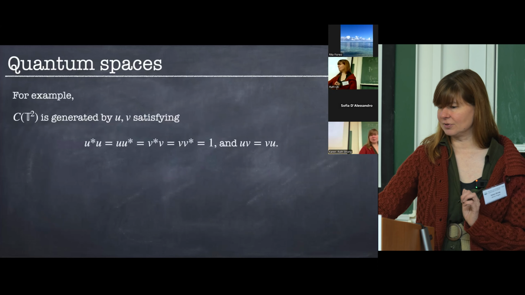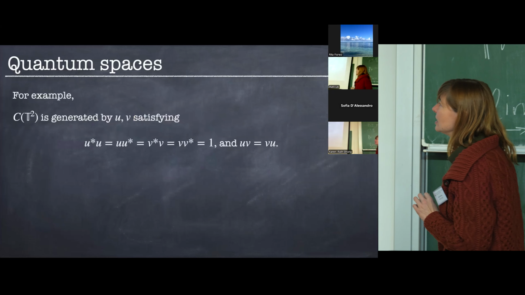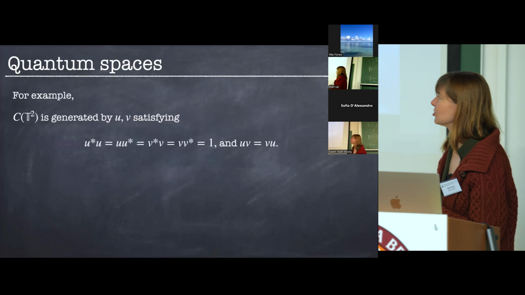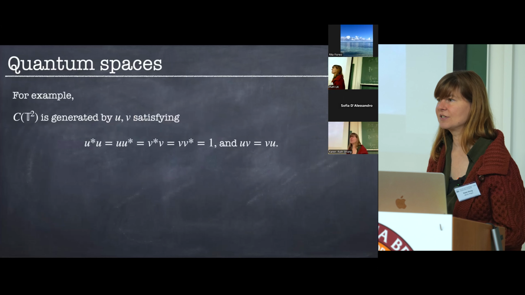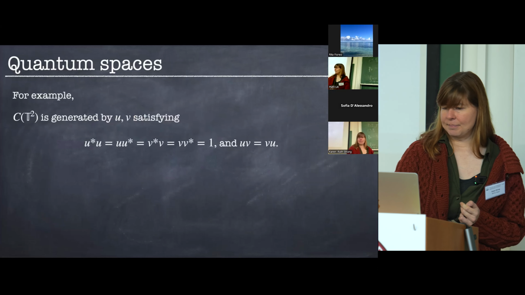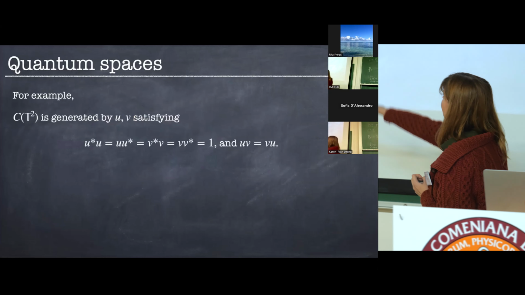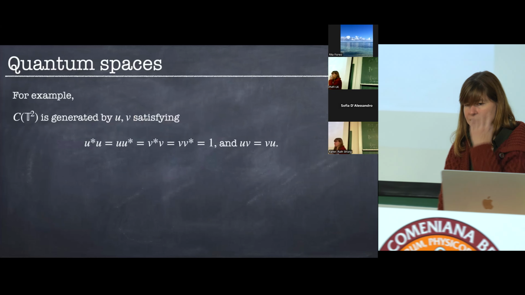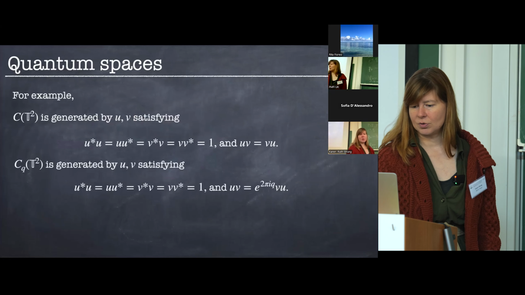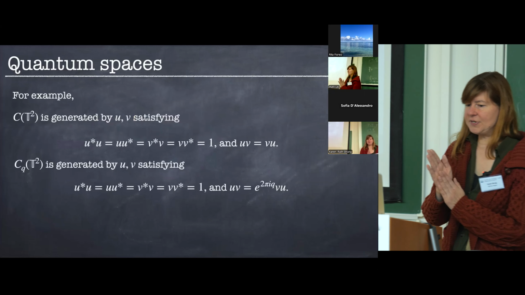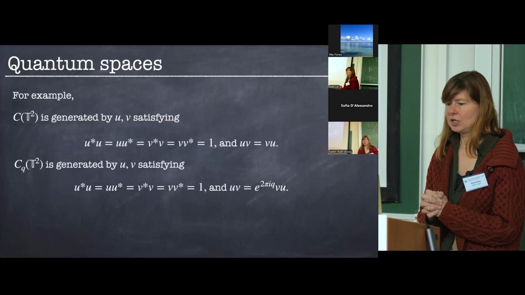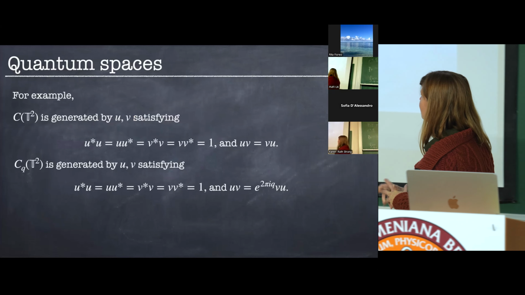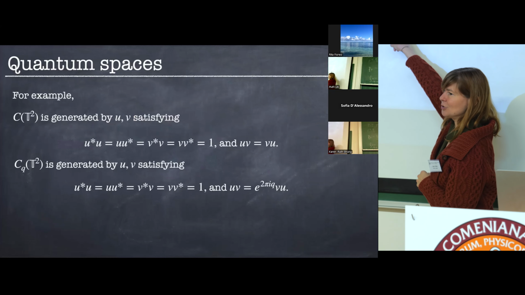So here's an example. The 2-torus is just going to be the C-star algebra generated by 2 unitaries that commute. So U and V are unitaries and they commute. Now, if we take some Q, then instead of asking U and V to commute, we can throw in this e to the 2 pi i Q here.